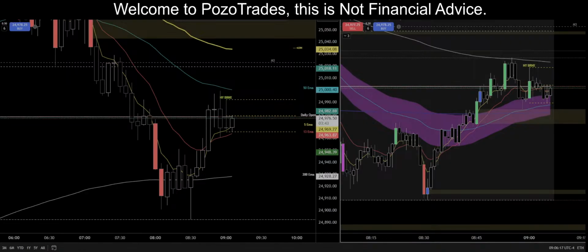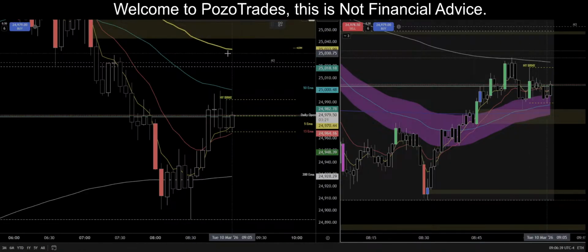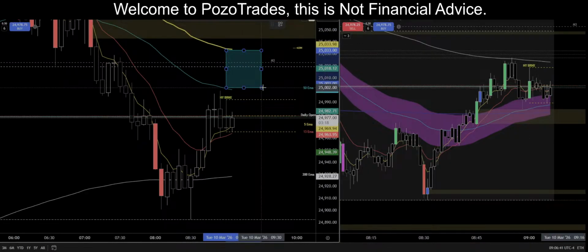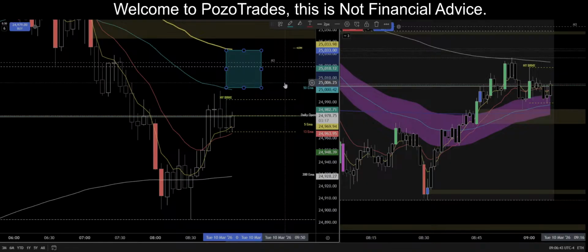So basically the theme of the day here is we could go up again. But as long as we're stuck below the 50 on the 5-minute time frame, I would have a hard time holding longs past London VWAP. So I'm thinking that we could actually go back to London VWAP and collect in this area.